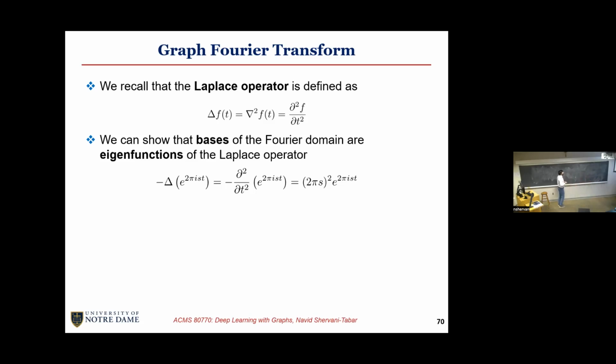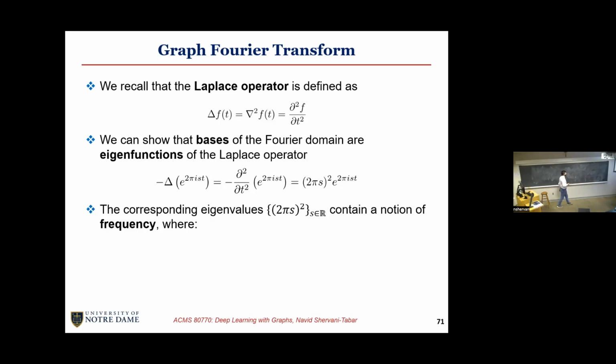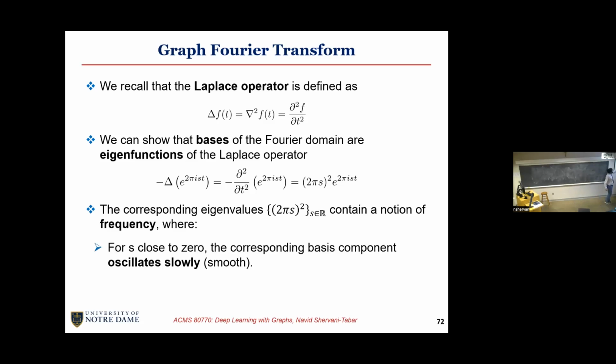So now we have these eigenvalues. We said that this eigenvector represents the basis for our Fourier transform, and these eigenvalues represent a notion of frequency. What that means is that if this eigenvalue is small, the corresponding basis is oscillating slowly.